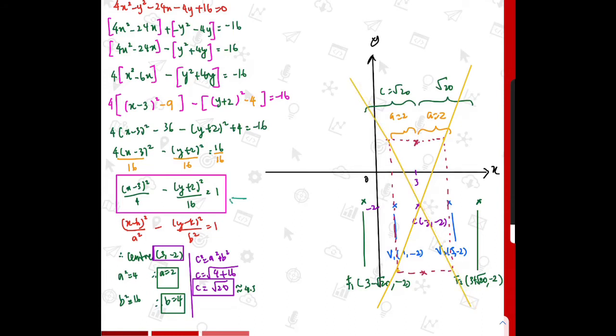Okay, when we look at the graph here, we know that this is a hyperbola with transverse axis parallel to the x-axis. So how do we know? Because the first term now is x. Okay, so we know that this graph is opening right and left.